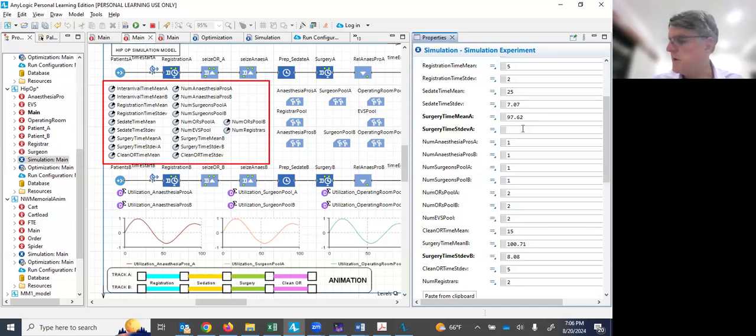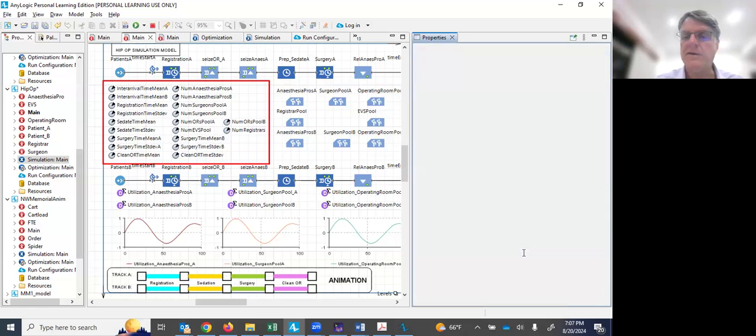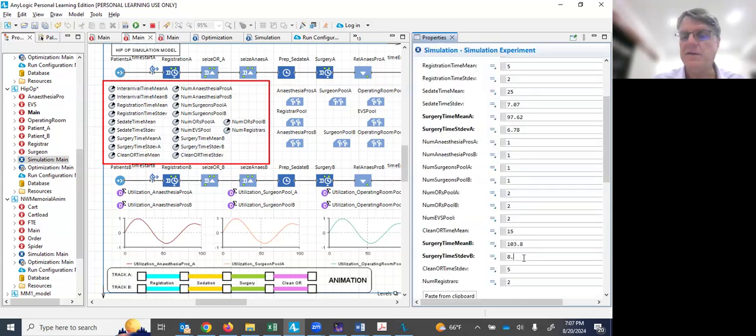Standard deviation does drop a little bit, not much, down to 6.78. And then for track B, we've got the higher number at 103.8. So the idea is hopefully that B keeps the same number of surgeries going. It is a more variable track, but hopefully you still get the same number done. But hopefully we can juice track A for one more surgery. Let's see if this is going to fly.